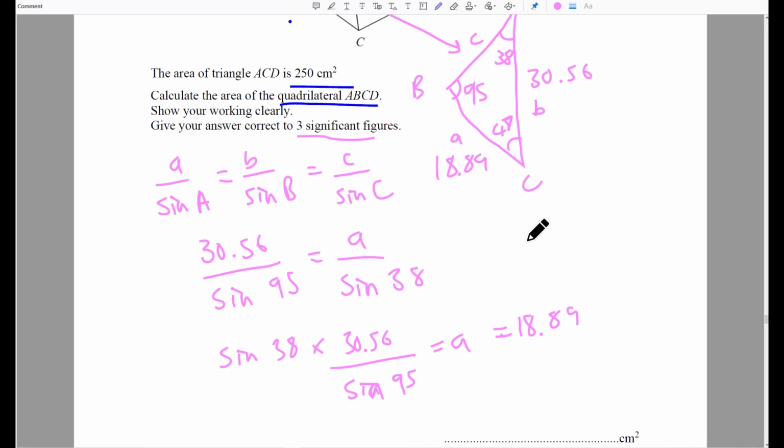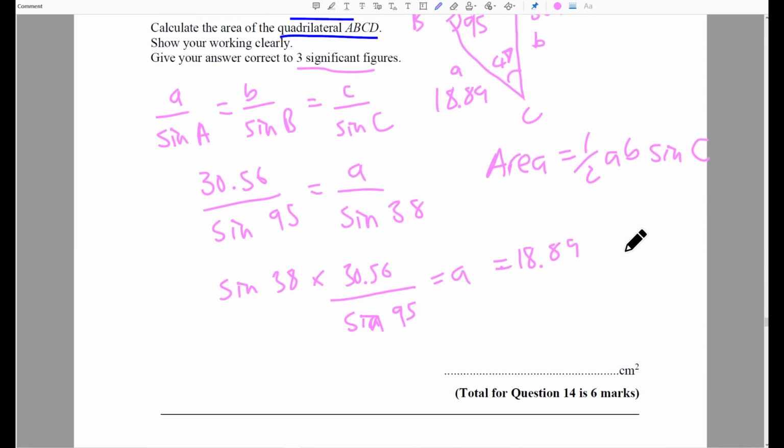Wonderful. Then we can use the area equals a half ab sine C. So let's have a nice line of working out here.